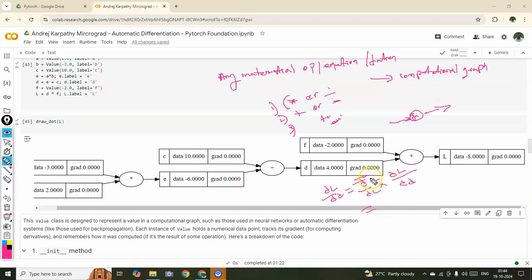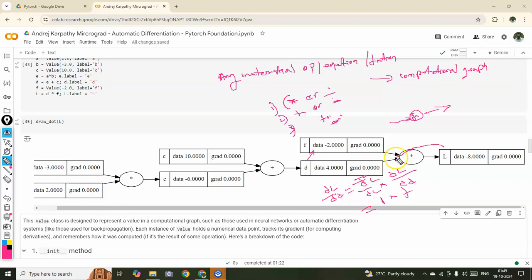This is nothing but the previous gradient, which is one. dl by dd is nothing but f, and f is nothing but the other node. So if the function is multiplication, the gradient is passed here and multiplied by the other node.